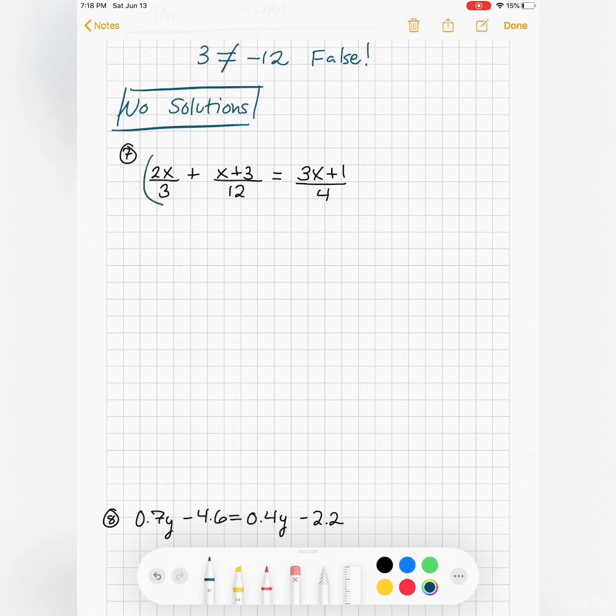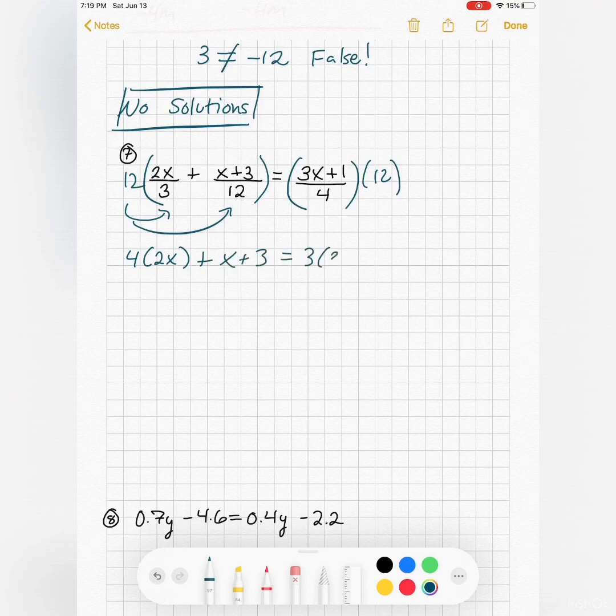LCD's 12 again. Looks like a popular LCD. 12 divided by 3 is 4. 12 divided by 12 is 1. 12 divided by 4 is 3.